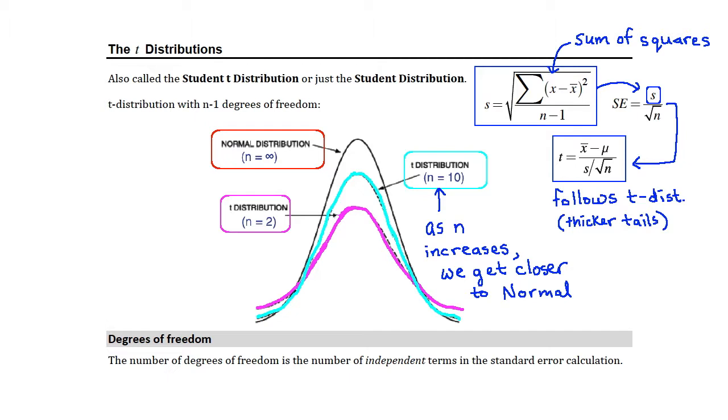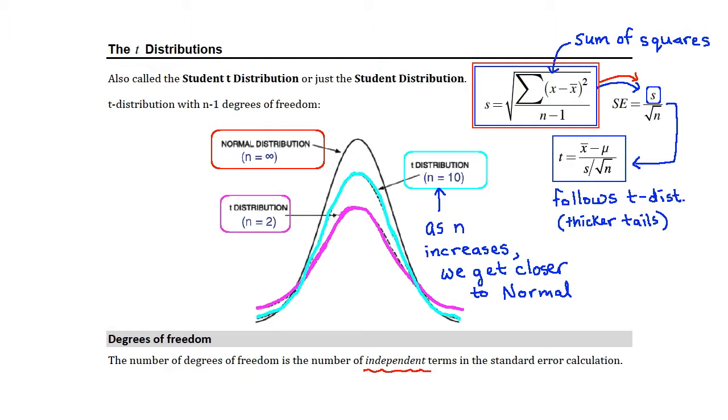The number of degrees of freedom is based on the standard error calculation. So again, that brings us back to the standard deviation formula, which then feeds directly into that standard error formula. And it's because it's the number of independent terms in the standard error calculation.